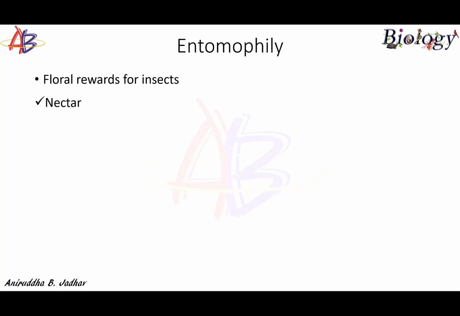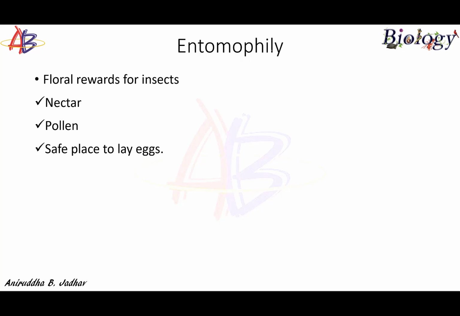Such rewards mainly include nectar, pollen, and in certain cases a safe place to lay eggs. If you observe the plant Amorphophallus, the flowers are around 6 feet in size, right? Such larger flowers serve as a safe hideout for insects, and that's why the insects may frequently visit them.